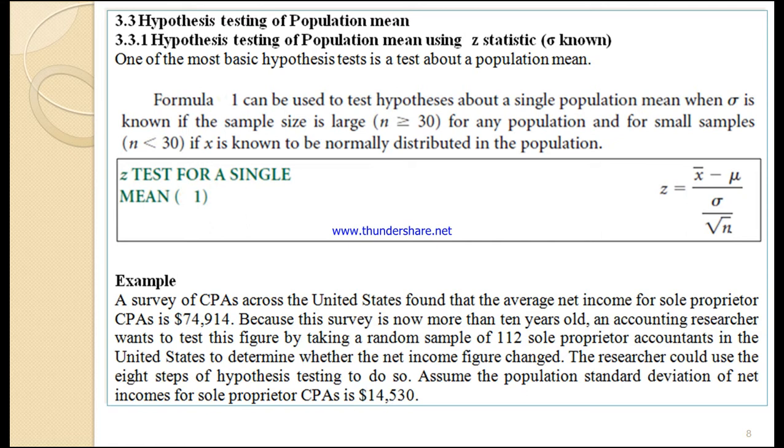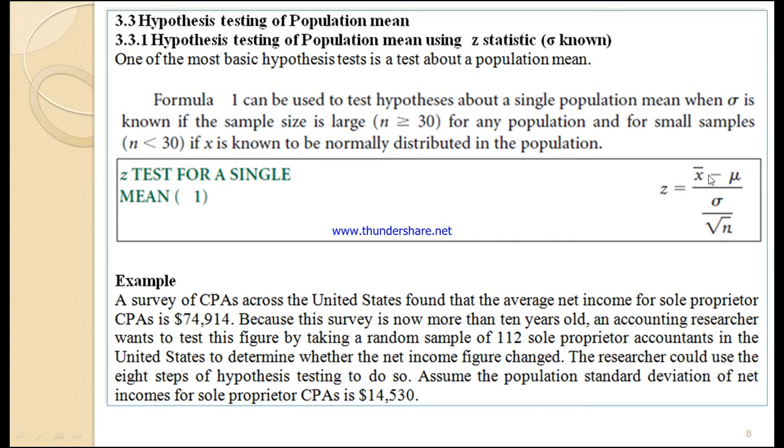And when the population standard deviation is known, and when the sample size is large, i.e. when n is greater than or equal to 30, and for a small sample when n is less than 30, if x is known to be normally distributed in the population, we apply this Z formula.